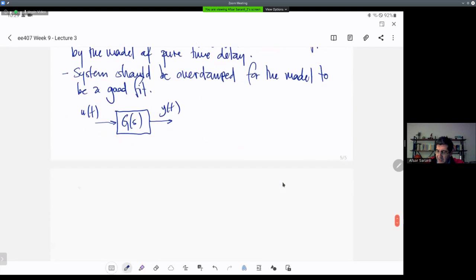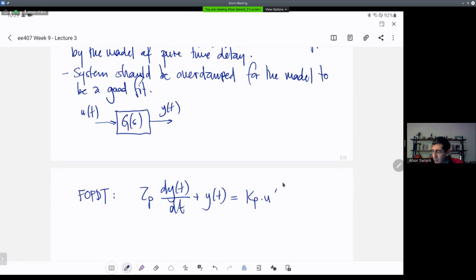Now, this model that we are talking about, FOPDT, basically says that we have the system model as tau p dy of t over dt as a differential equation model plus y of t is equal to kp times the input, but a delayed version, u of t minus theta p. So this is the time delay.